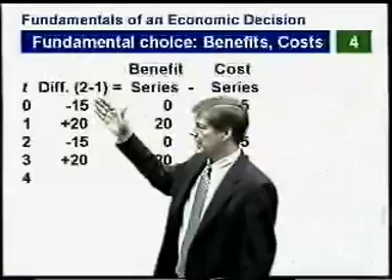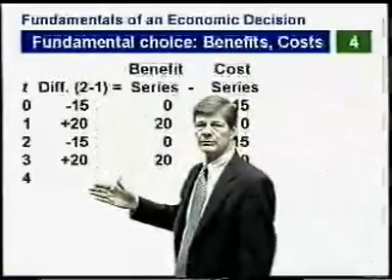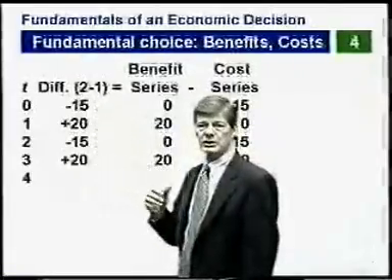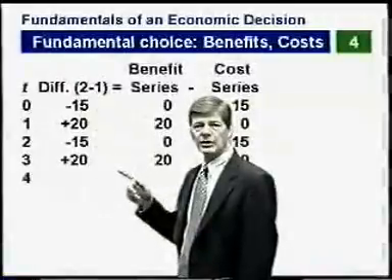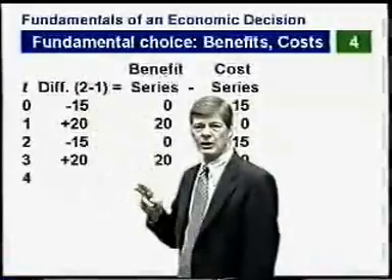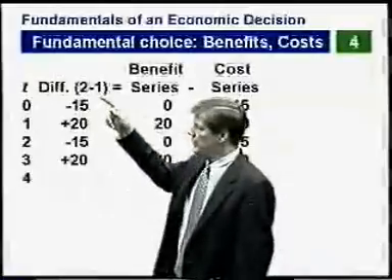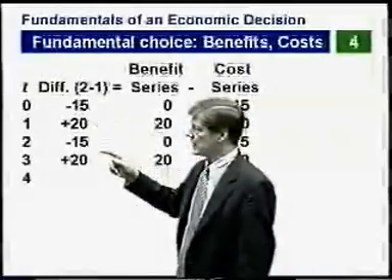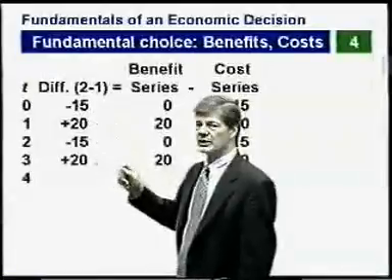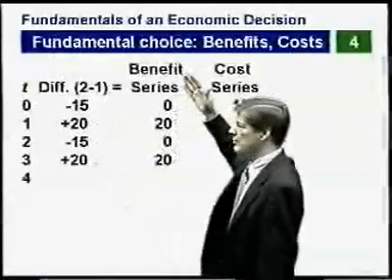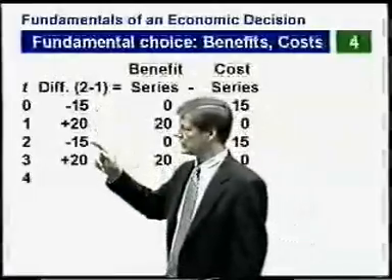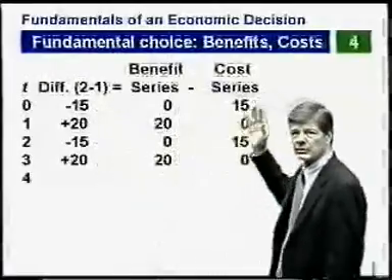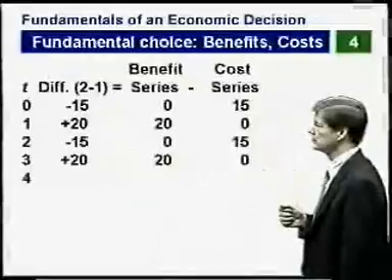Here again is my incremental cash flow stream that I identified on the preceding slide. And what I'm going to do now is to break it down into its component elements. And there are two elements. We will identify all of the positive cash flows, that is, the savings, as the benefit series, and all of the negative cash flows as the cost series.